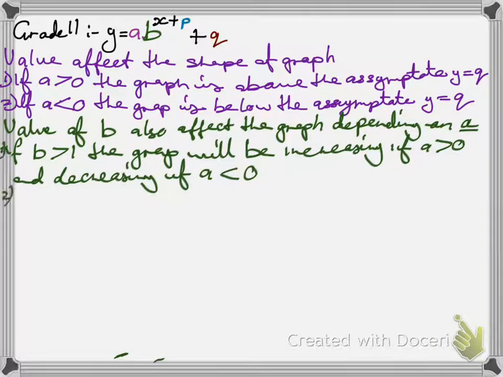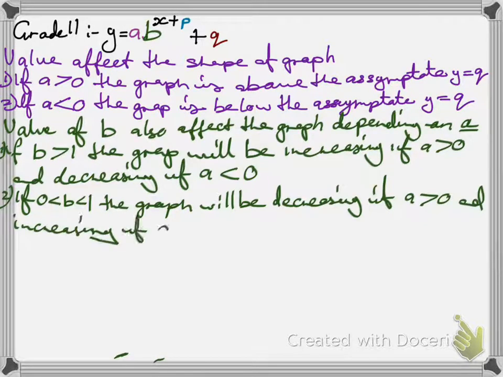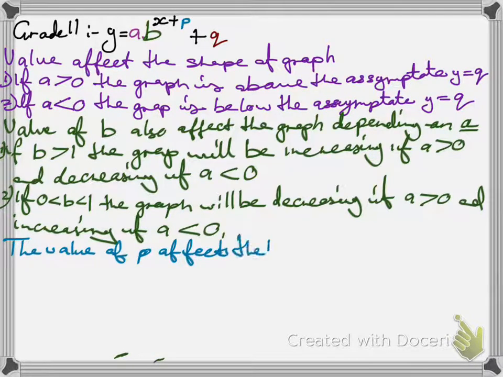So you will see that if p is greater than 0, which means you increase p, the graph will shift to the left. And if you reduce the value of p, the graph shifts to the right. I'll repeat again.